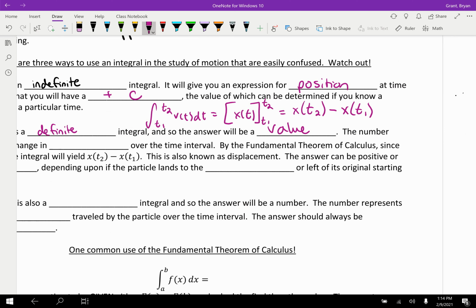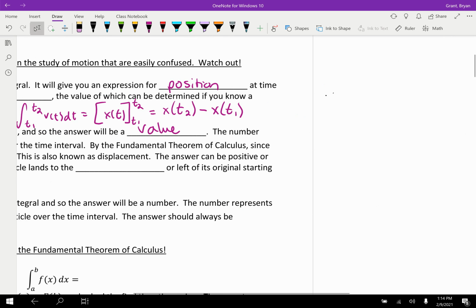Well, if you end up at 10 feet to the right, but you started at 2 feet to the right, then what would 10 minus 2 tell us? Well, it would give us an answer of 8, which isn't where you're currently located, but it's rather the distance that you traveled from 2 to 10.